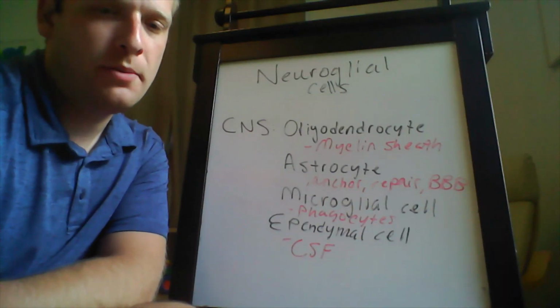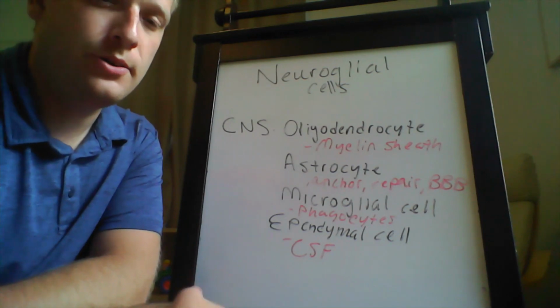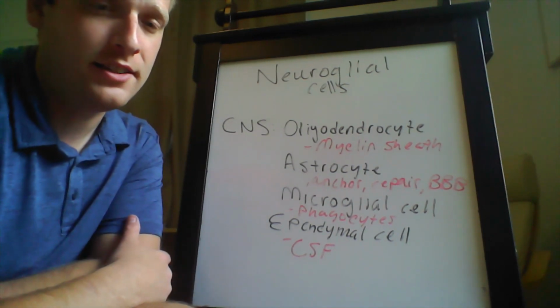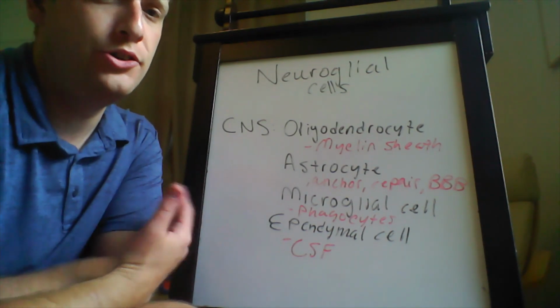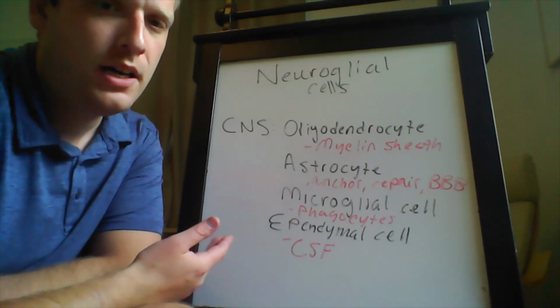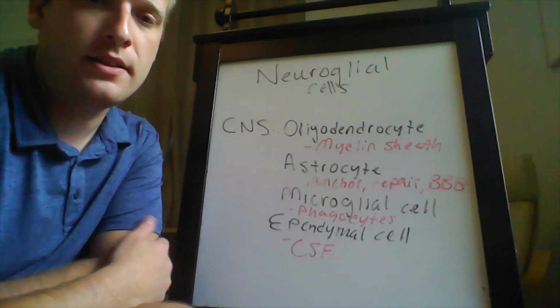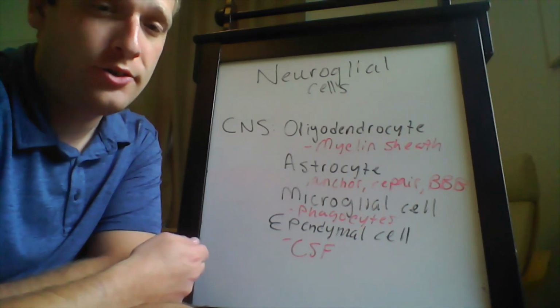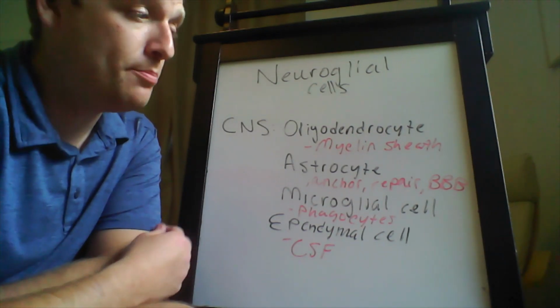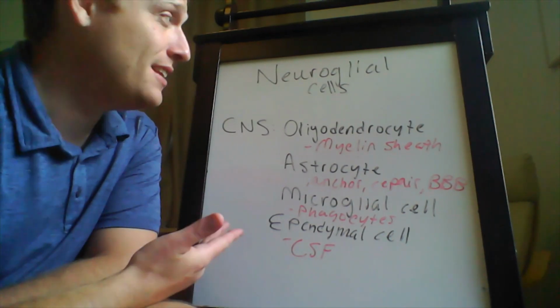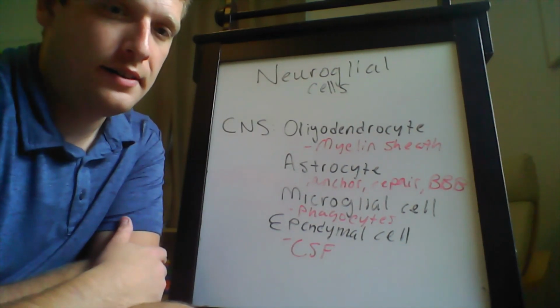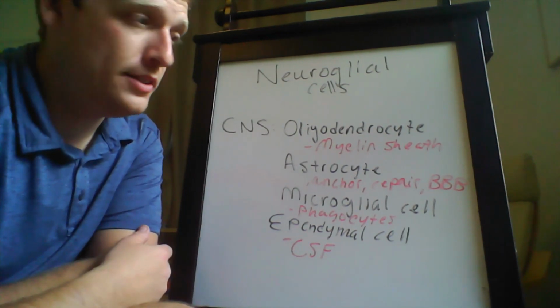The last thing I want to mention covering nervous tissue is the fact that it's not just neurons in the nervous system. There are also cells called neuroglial cells. And whether you're talking about the brain and the spinal cord, the central nervous system, or the peripheral nervous system, there's a different set of neuroglial cells present in these regions.